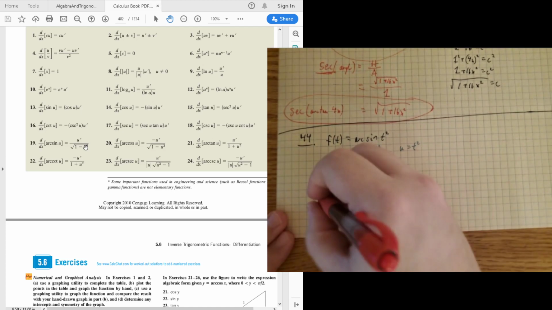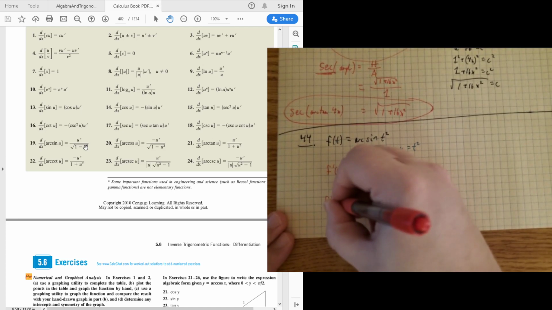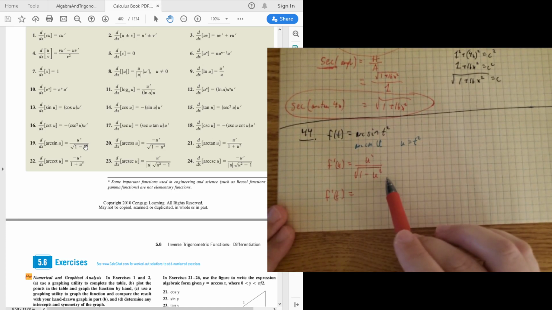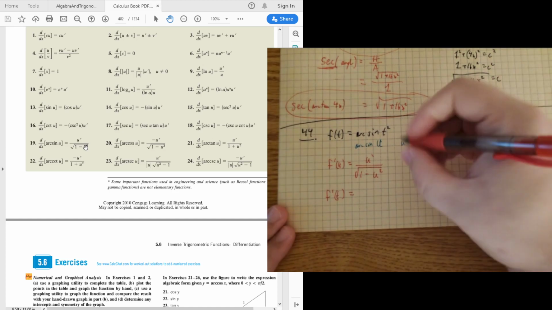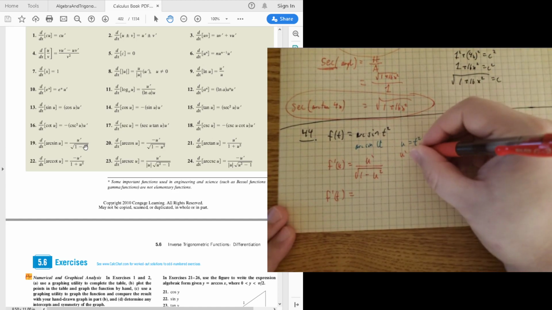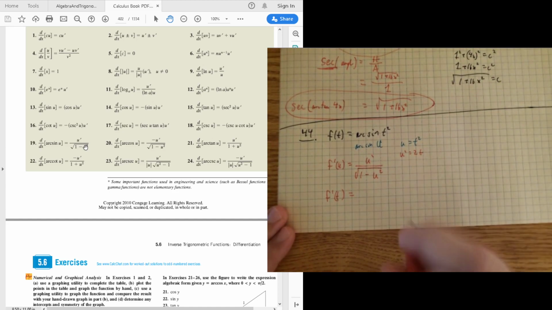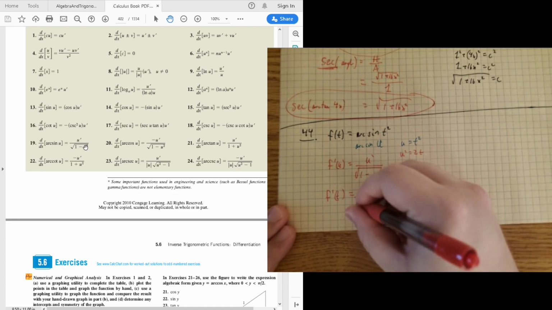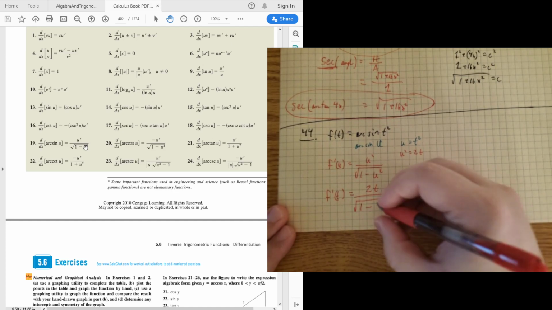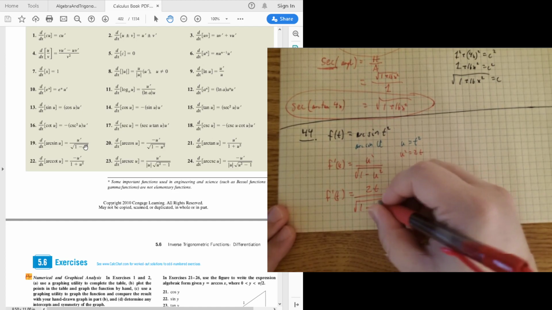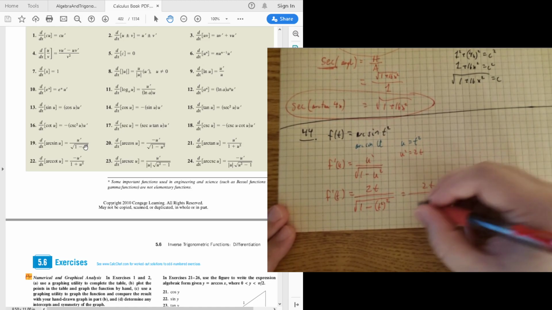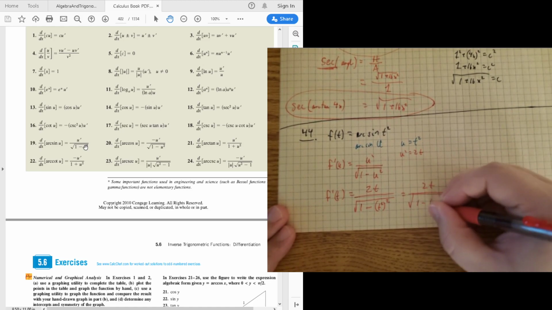Well, if I want to find f prime of t, everywhere there's a u, I plug in t squared, and everywhere there's a u prime, I plug in 2t. So this is 2t over the square root of 1 minus t squared squared, or 2t over the square root of 1 minus t to the 4th power.